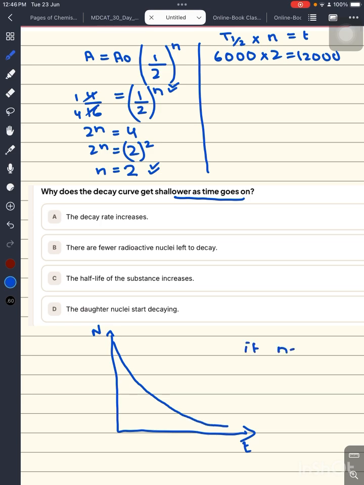It never becomes zero. It decreases exponentially.